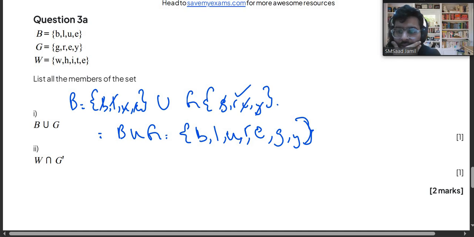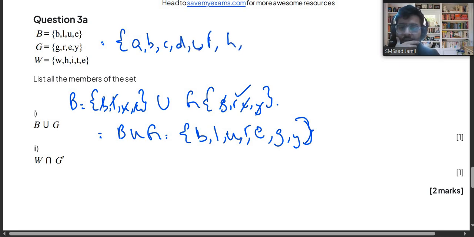Now it says W intersection G complement. So look, you will write all the letters that are not in G. My bad, you will not write E. Okay, let me write it again for you guys.